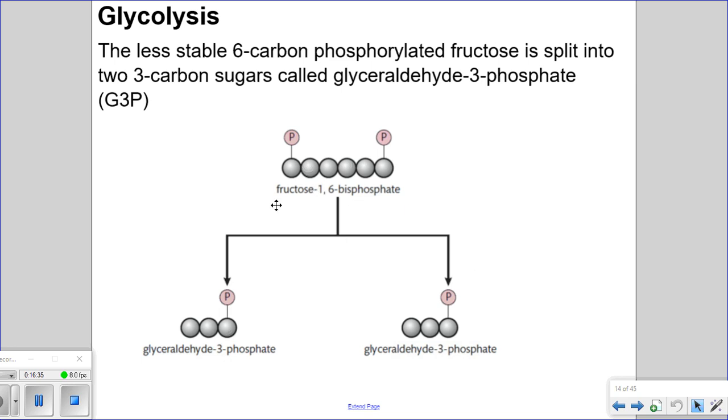You generate an intermediate molecule in one of these steps, which is not glyceraldehyde 3-phosphate, and then there's another step to convert that intermediate into glyceraldehyde 3-phosphate. But the end result of this is that you have 2 glyceraldehyde 3-phosphates, also referred to as G3P.